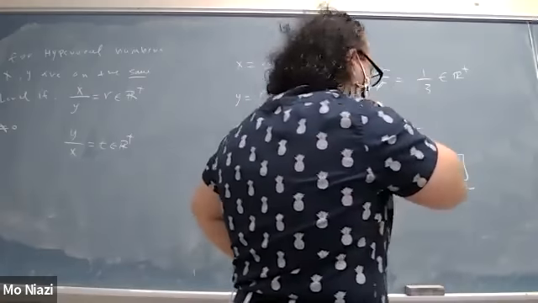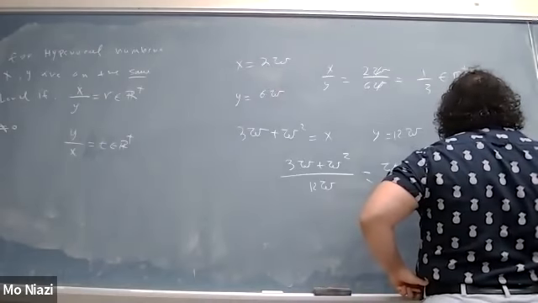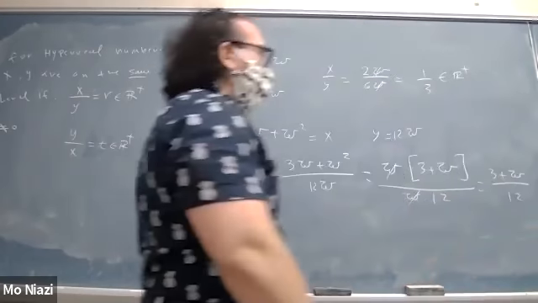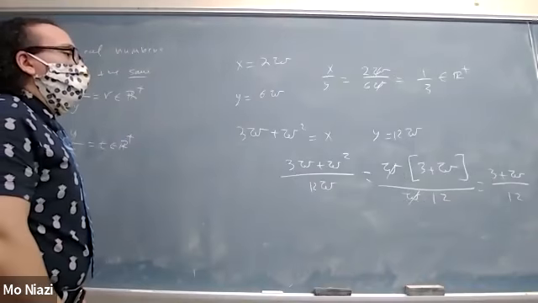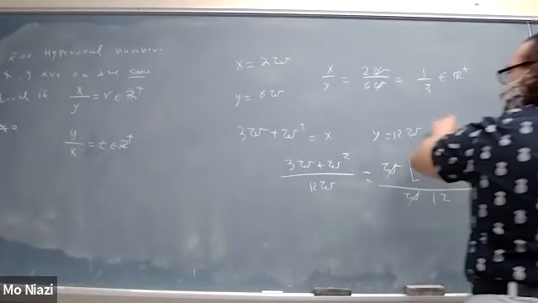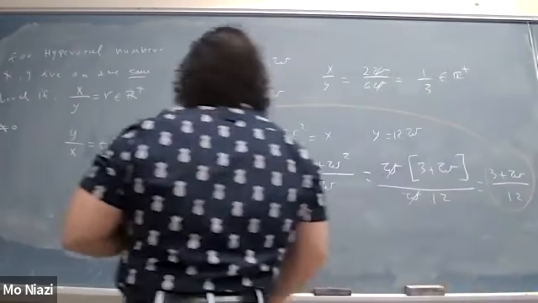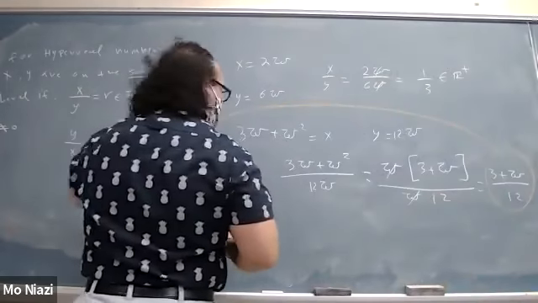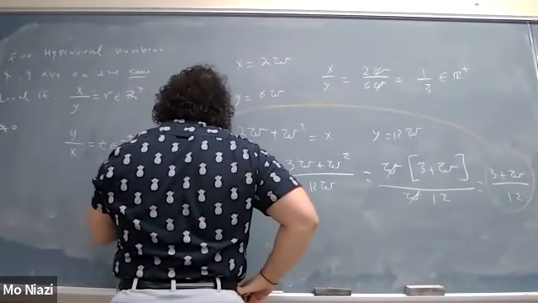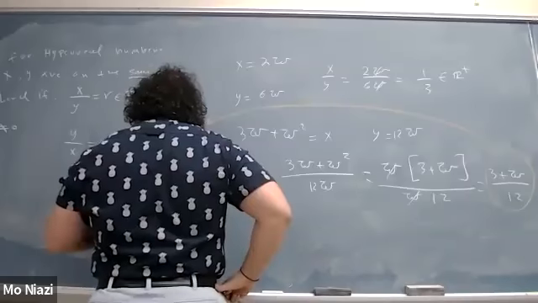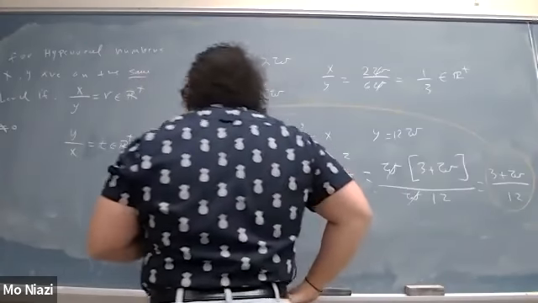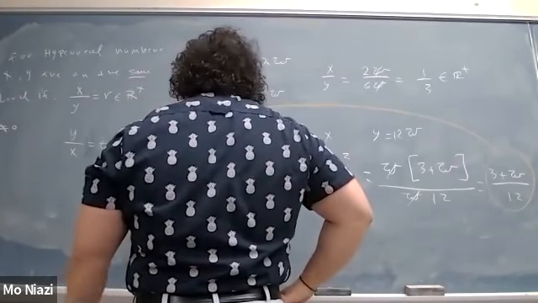The omegas cancel, so it ends up being 3 plus omega divided by 12.